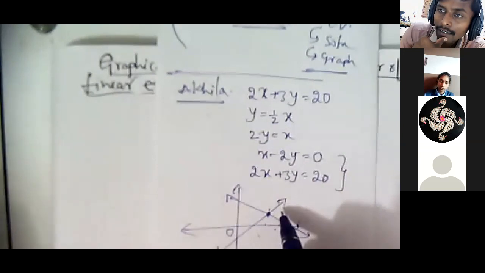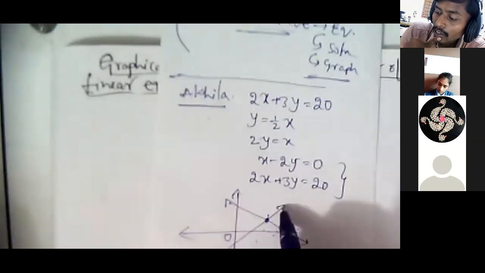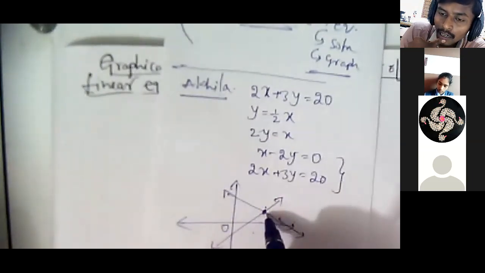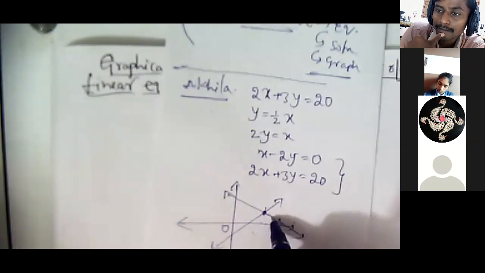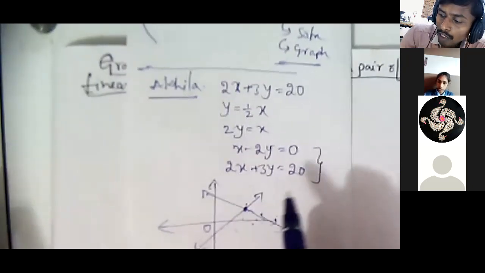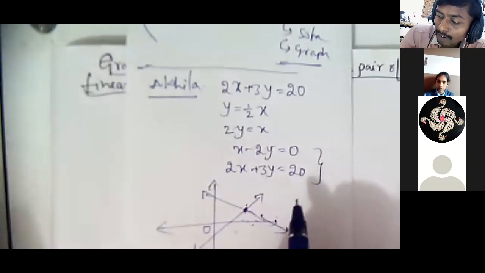Please check the graph. Sir, 3. No. Here these two lines are intersecting at a common point. What is the common point value I am asking? Common point value is 0, 3. No. See the graph.